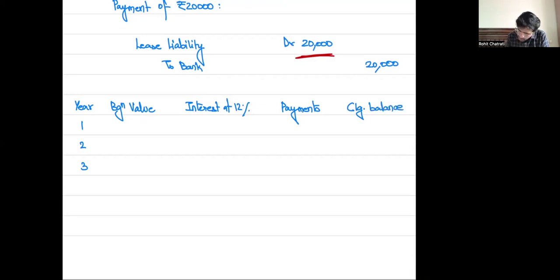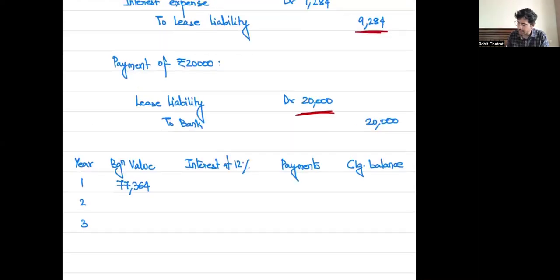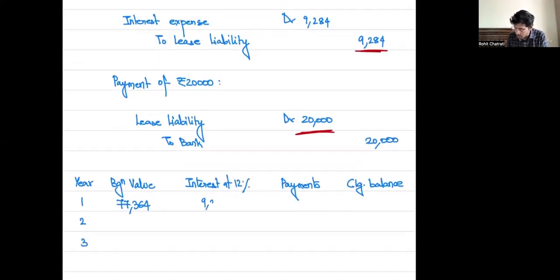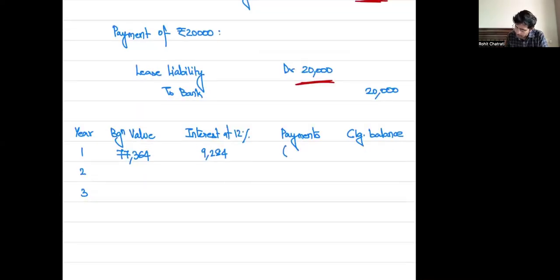The beginning value was 77,364. I then recognized interest of 9,284. How did I calculate this? It was 77,364 multiplied by 12 percent. I then made a payment of 20,000. I'm writing the payment in negative because it reduces the lease liability.